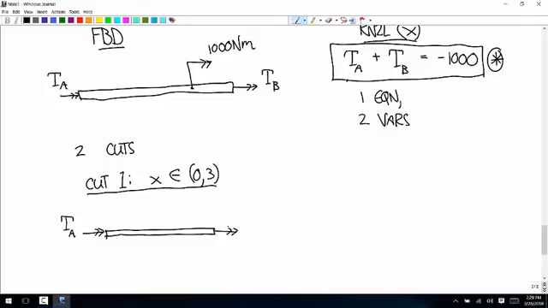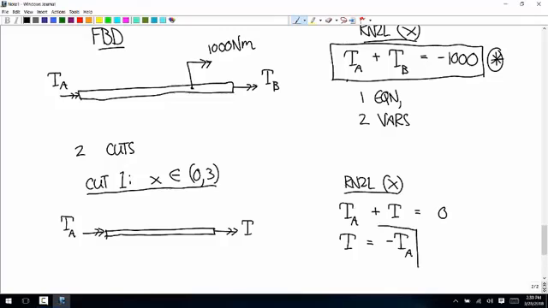And then we have the internal torque. So the moment equation about the x-axis says TA plus T is equal to 0. Or in other words, whatever TA is, the internal torque there is the opposite. Okay, so this is valid only for x values between 0 and 3.